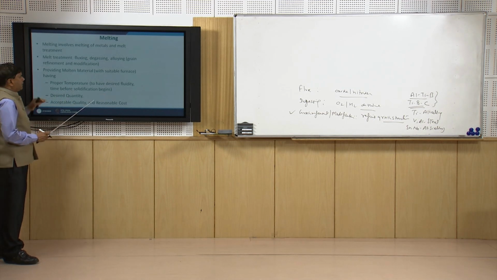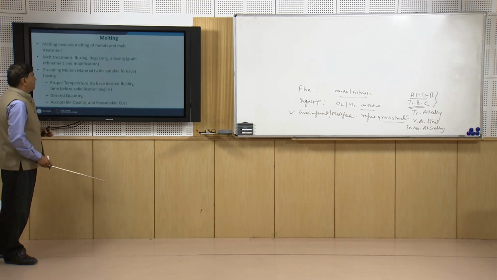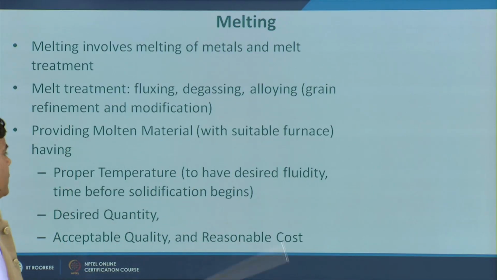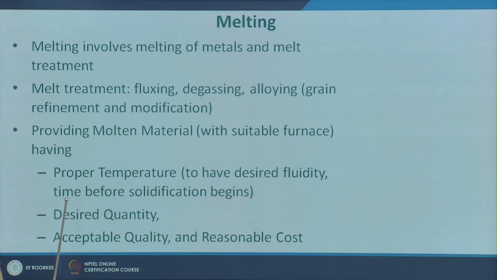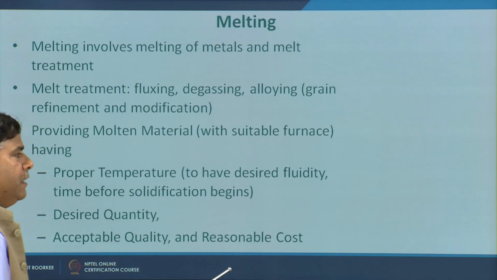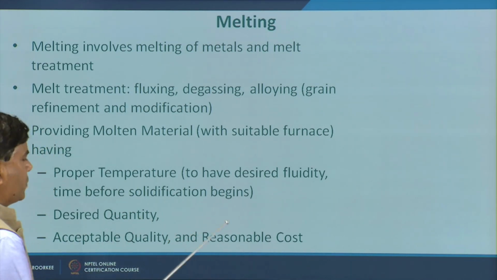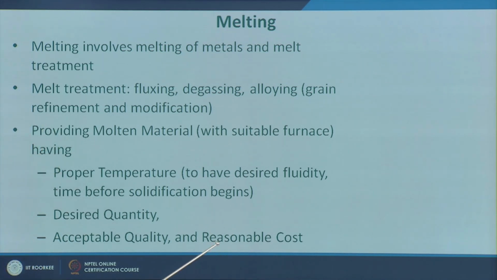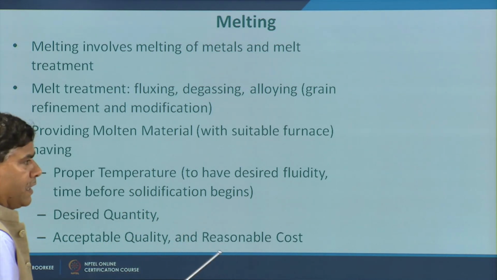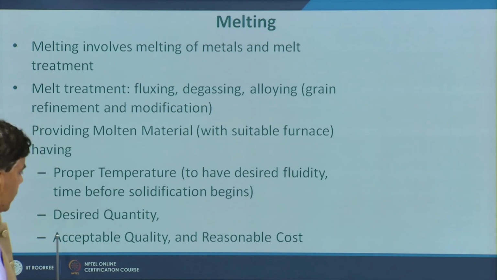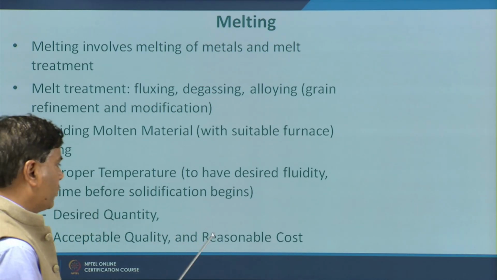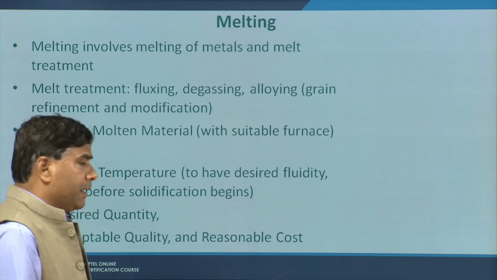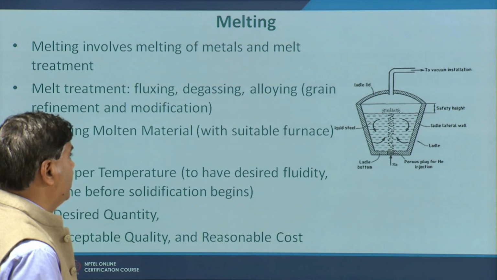This is the scope of melting, like supplying the molten metal at the proper temperature, so that the desired fluidity is maintained and the molten metal gets enough time to fill the mold cavity before solidification begins, so that it does not lead to misrun or lack of filling kind of defects. The molten metal should also be available in the desired quantity for filling the mold cavity, and molten metal of the required quality should be obtained at a reasonable cost. So, this is the objective of melting.